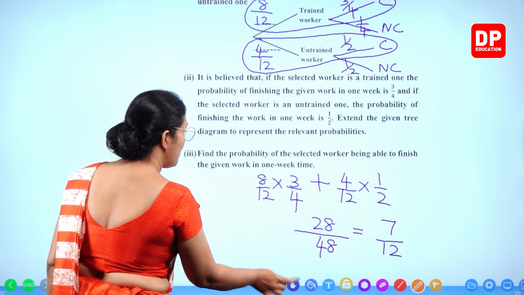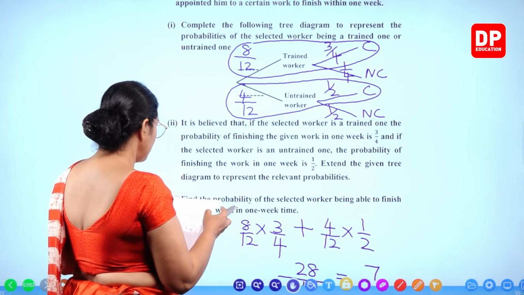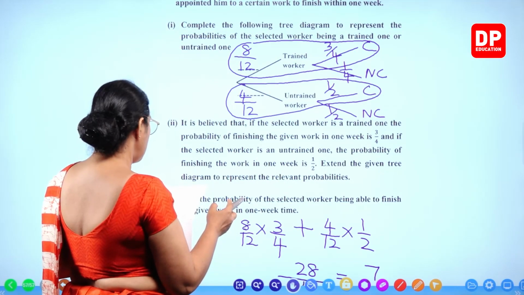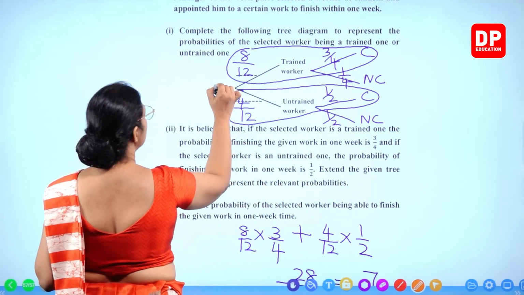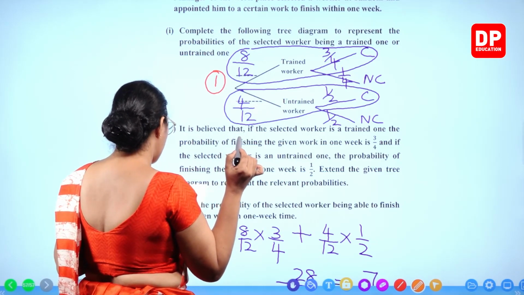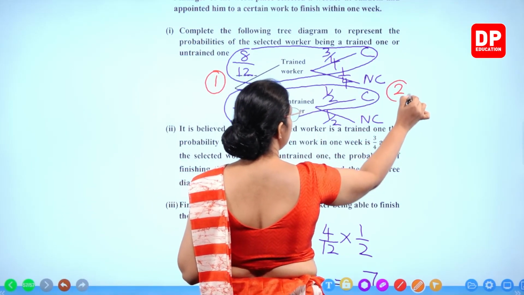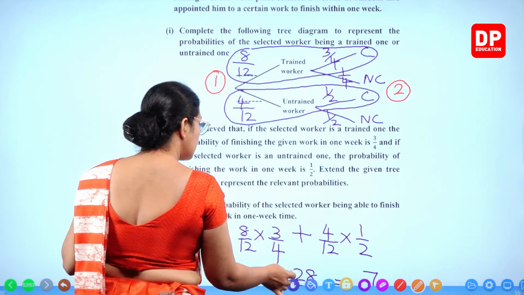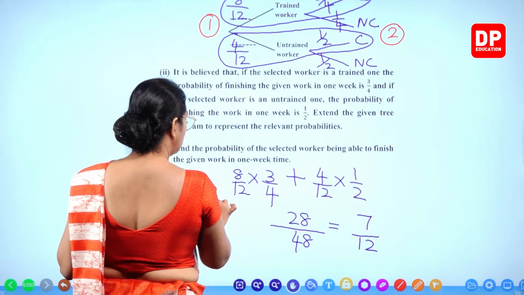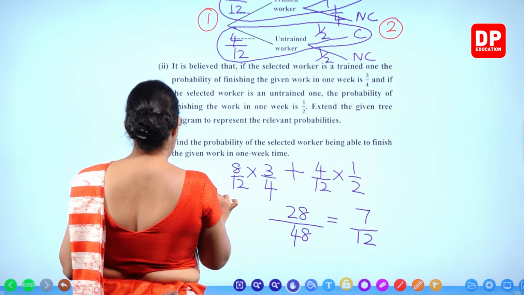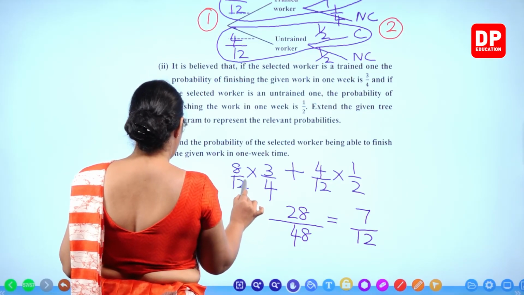So let's see how many marks given for each part. So 1 mark given to fill these 2 probabilities, and then extending the tree diagram, you are getting 2 marks, and then finding this total probability, you are getting 3 marks.